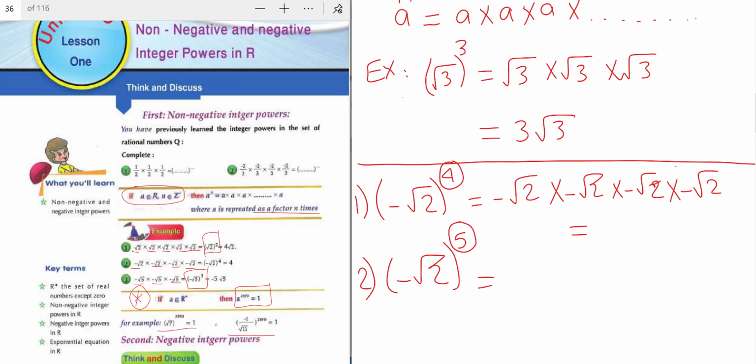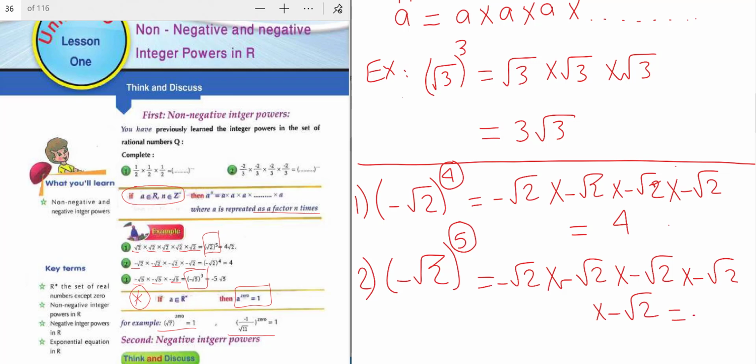So it becomes 4. But when the power is odd, it becomes negative root 2 times negative root 2 times negative root 2 times negative root 2 times negative root 2. It becomes negative.